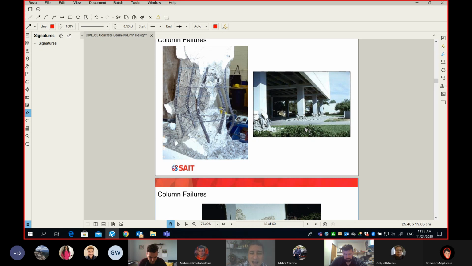And some of you may ask, how come the columns failed but the building is still alive? The building is on the right side. You can see it still standing. That's just luck. Maybe the earthquake was so short, maybe 1 or 2 seconds, and this is what caused this problem.